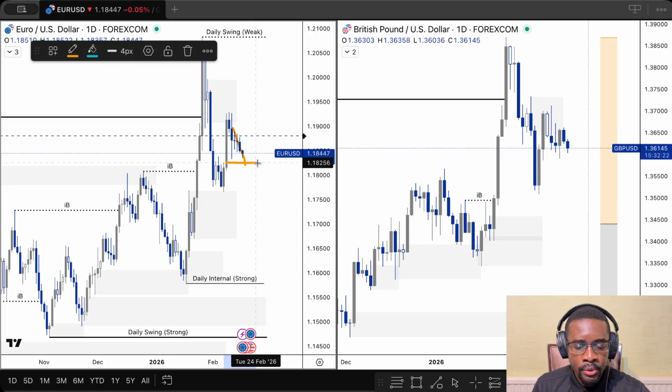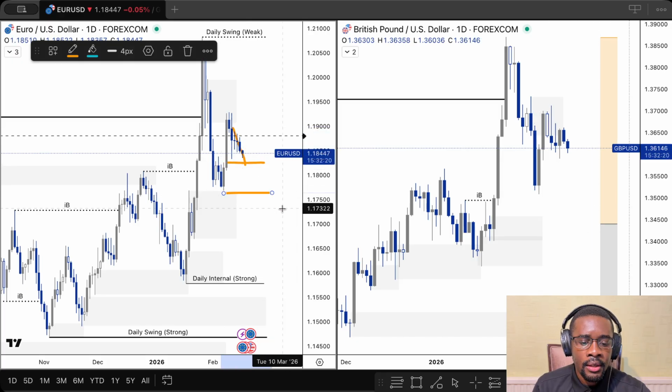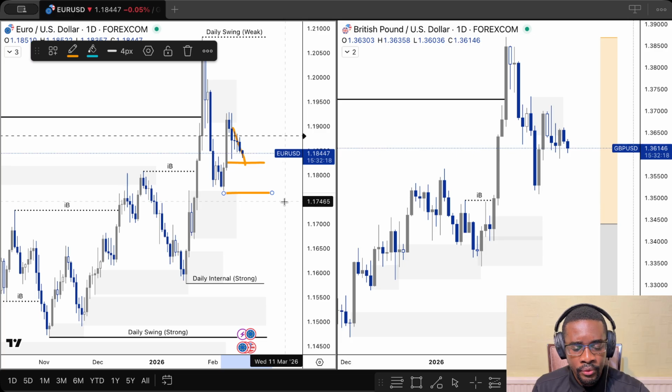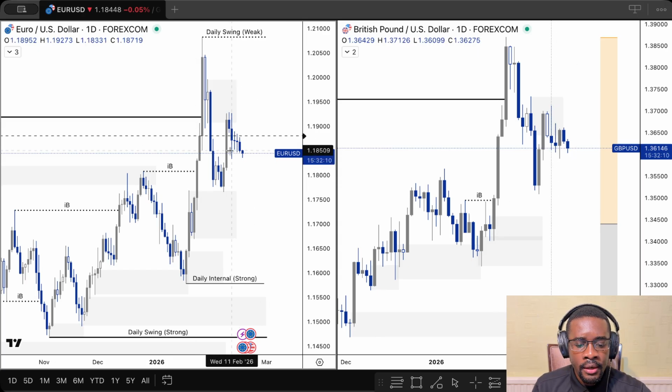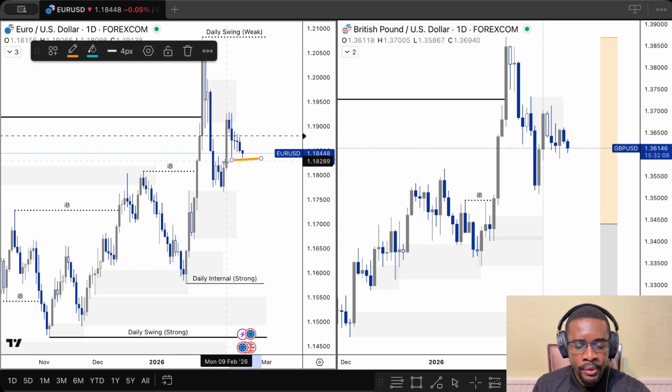So we could be pulling back into this area right there, that fractal demand. Or we could just be pulling back to sweep this previous day low, and then after that, we have a push up.